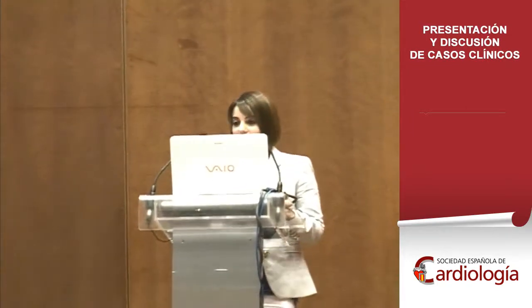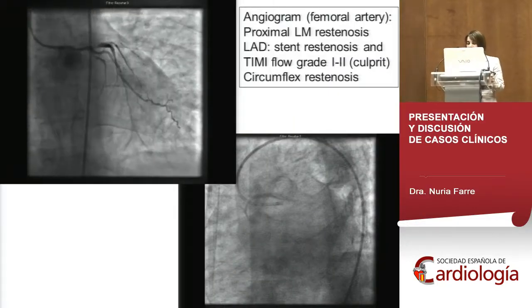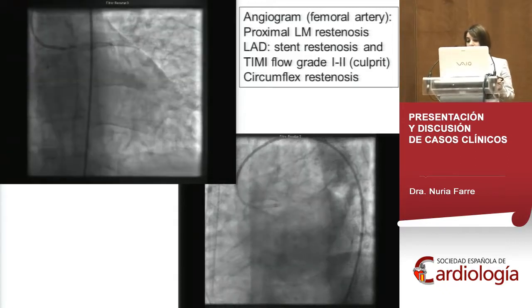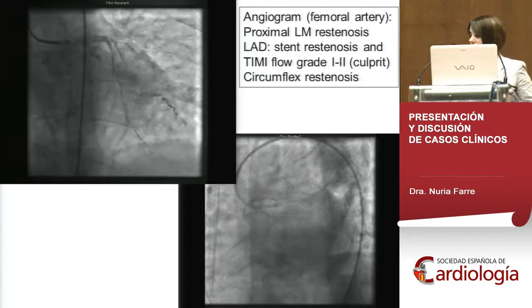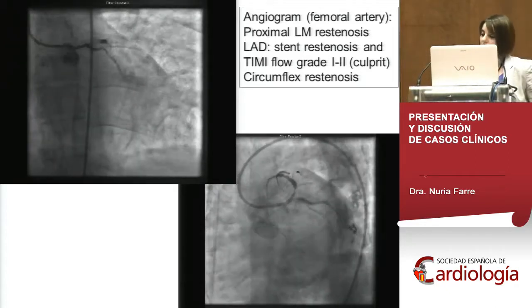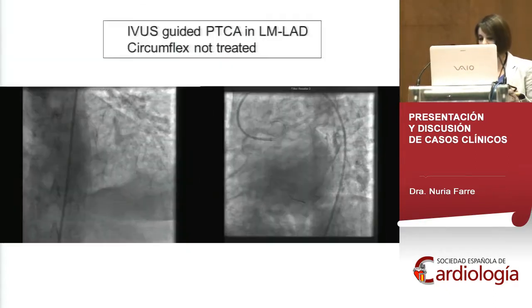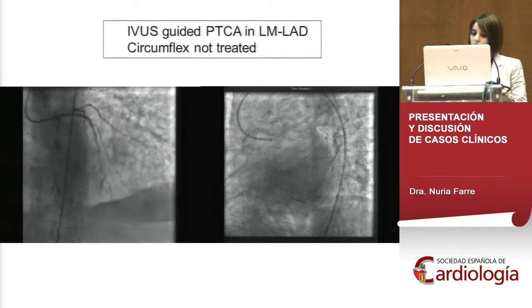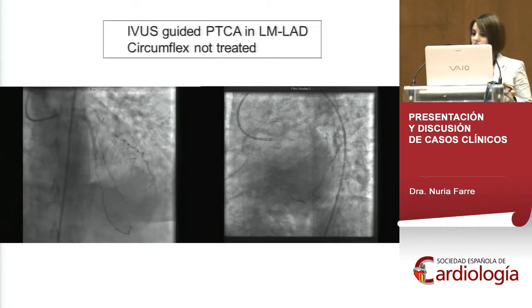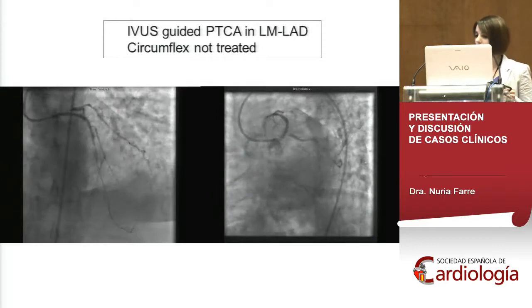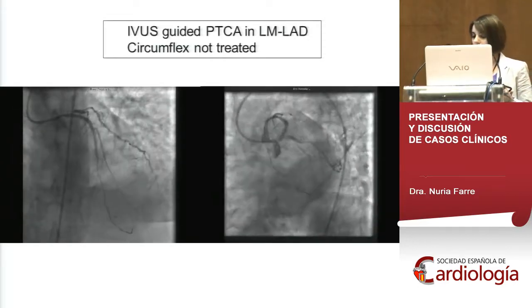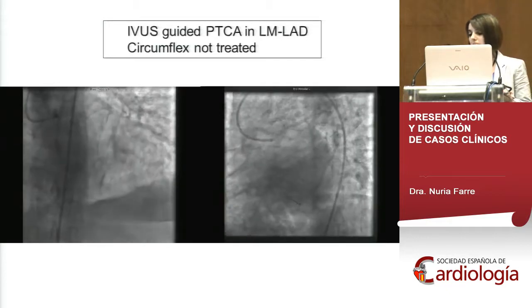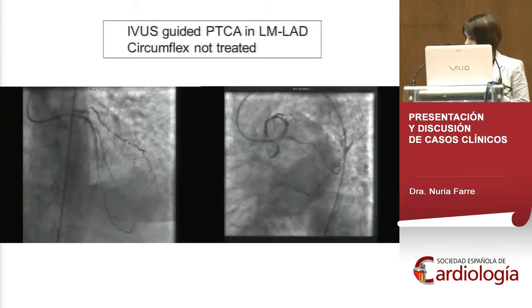Here you can see that she had proximal left main restenosis again, a restenosis with TIMI flow grade 1 to 2 that was considered the culprit in the LAD, and a circumflex restenosis. Our interventional cardiologist did an IVUS-guided PTCA in the left main and LAD, and the circumflex was not treated because the patient was stable, so we stopped here.